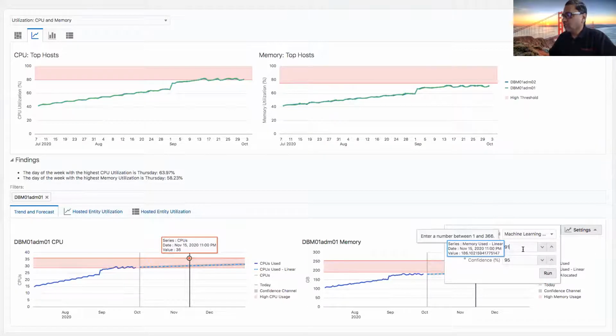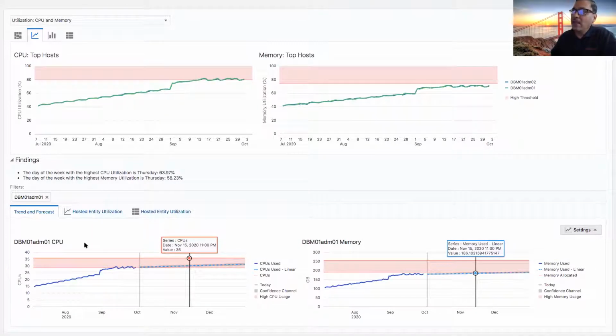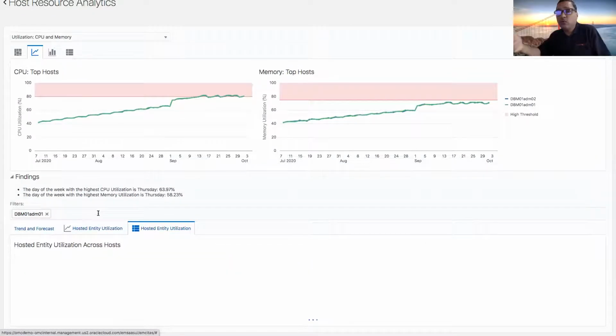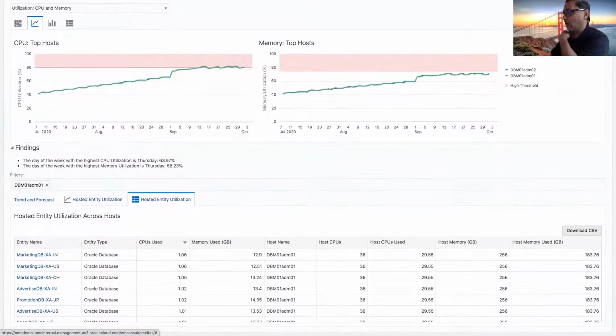So this is out of the box, we do the forecast. And then we can also find out which database is perhaps contributing, or which workload is contributing if it is not the database. We can go to the hosted entity utilization across the host. It will take a little while to find that.